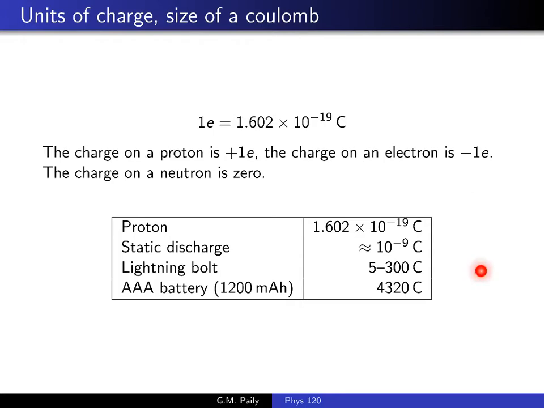A lightning bolt will transfer anywhere from 5 to 300 coulombs. 5 is typically what an average lightning bolt transfers, 300 for some of the larger ones. And a AAA battery rated at 1200 milliampere hours, in the course of running down until it's completely discharged, will pass 4,320 coulombs.